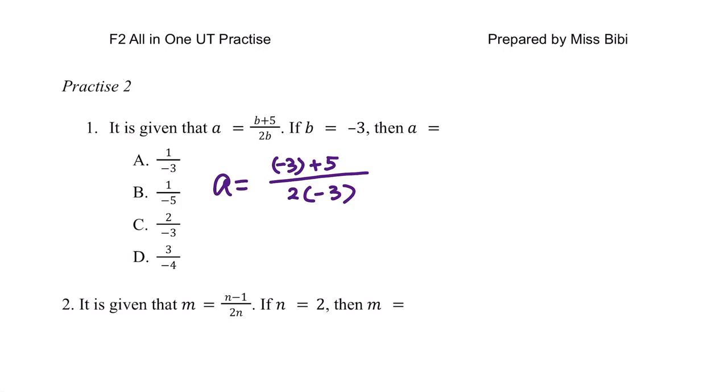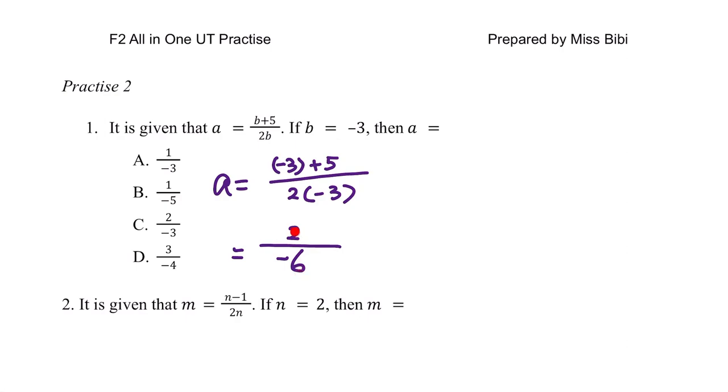How about if I do it with a calculator? How do I do that? Well, I will still suggest that you calculate the numerator, that means the upside, and the denominator separately first. So you can click this whole thing in the calculator. Open bracket, -3, close bracket, +5, and you'll get 2. And then 2 bracket -3, you'll get -6.